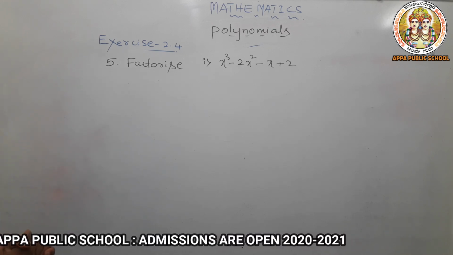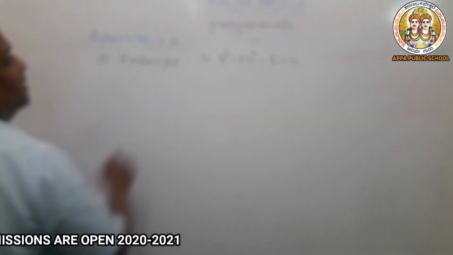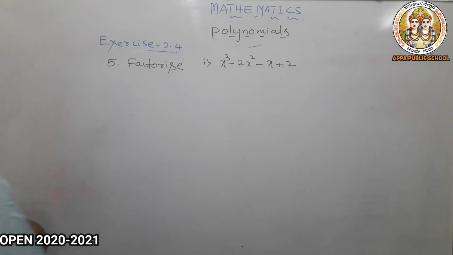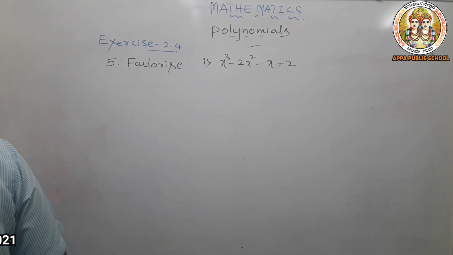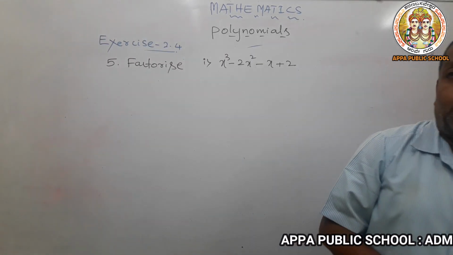To see the question, it is a cubic polynomial because of degree 3. How to factorize this type of polynomial?